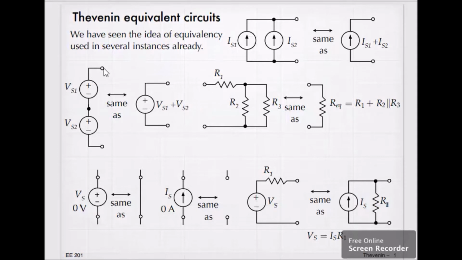Question: ma'am, what do the circles, these open circuits, mean? It means we can still connect this to another circuit. Our focus is only on this side. This could still be connected to any type of circuit. So I hope we reviewed that.